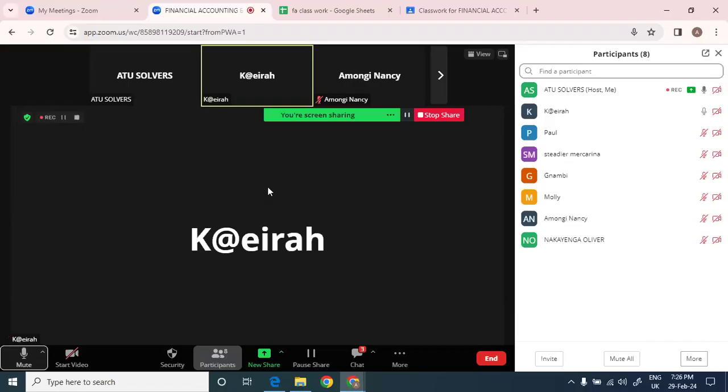Yes. Okay. The second recognition criterion, which is the last one, is that the cost of the property, plant, and equipment can be measured reliably. What do they mean?